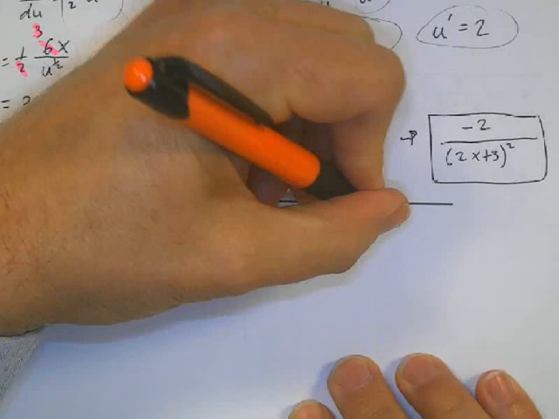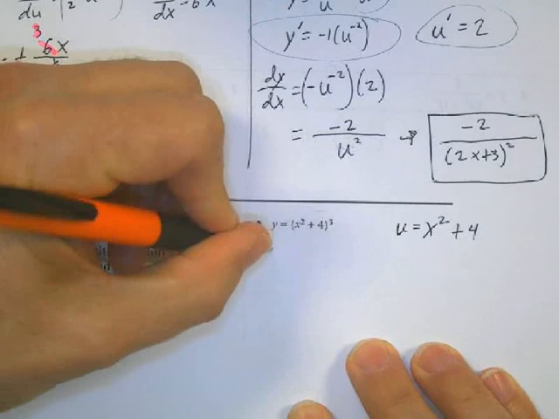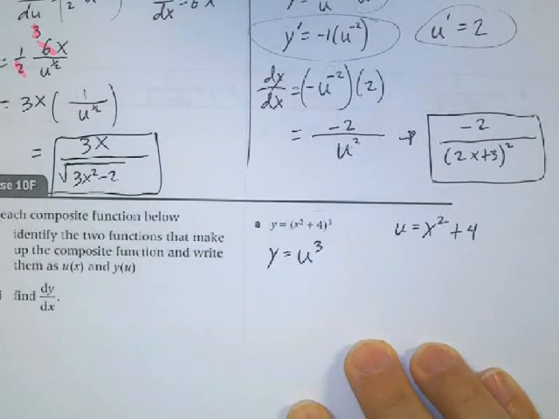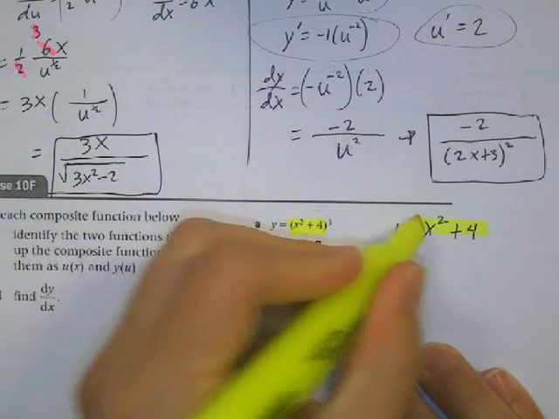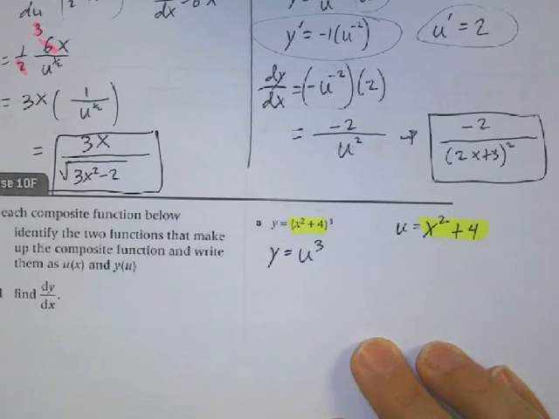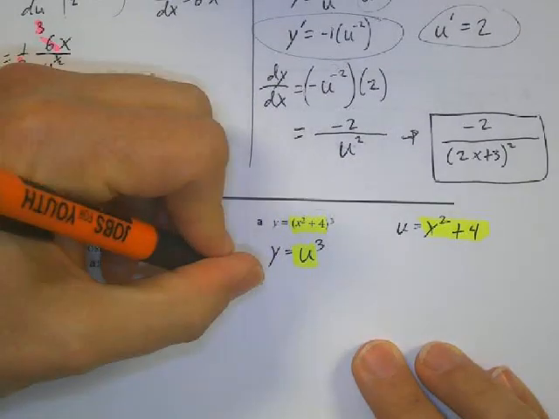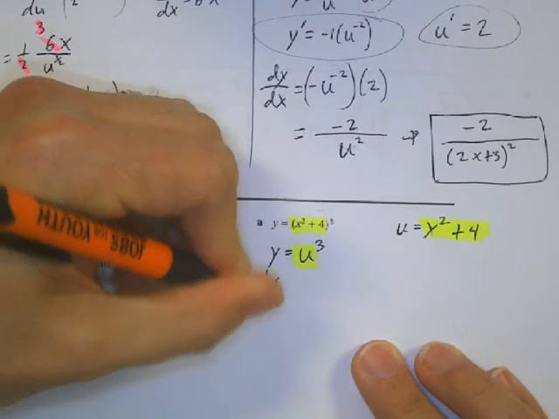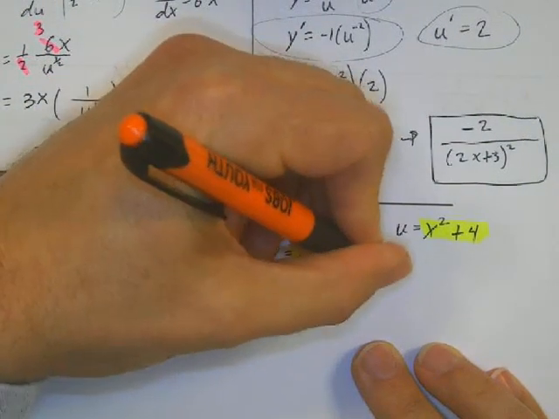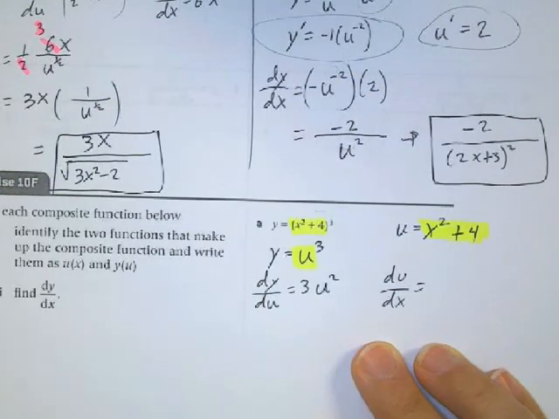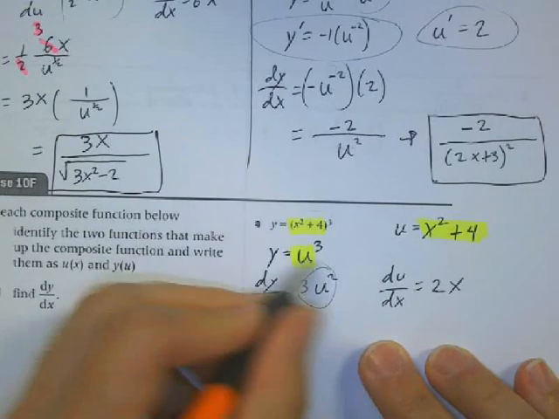So u is equal to x squared plus 4, and y is equal to u cubed. Right? I'm just saying all of this is u. And so dy/du is equal to 3u squared. du/dx is equal to 2x. That's the derivative of this. This is the derivative of that.